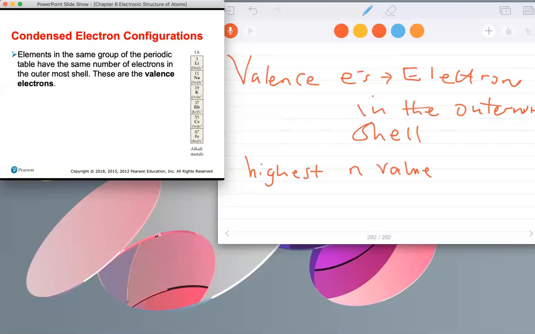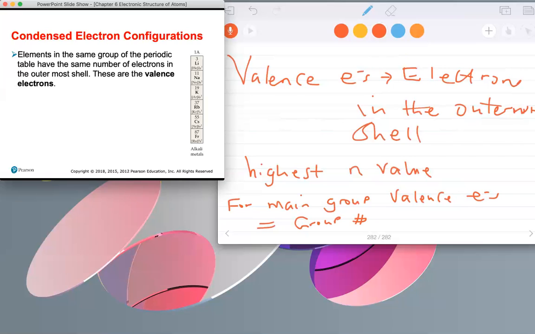They are numbered with a letter and a number, where the A are the main group. For main group, valence electrons equal the group number.